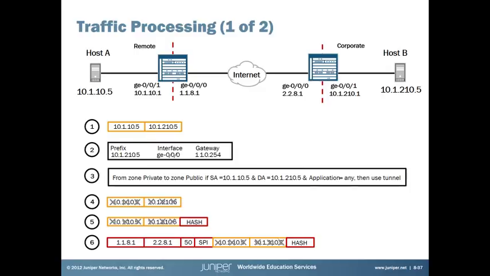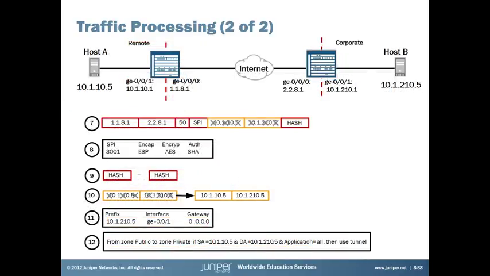We've got our application equals any, and then use tunnel. We then have our hash, which is applied to that. We then end up with our final packet. So there's our hashed packet.